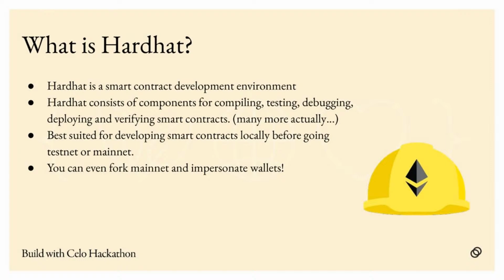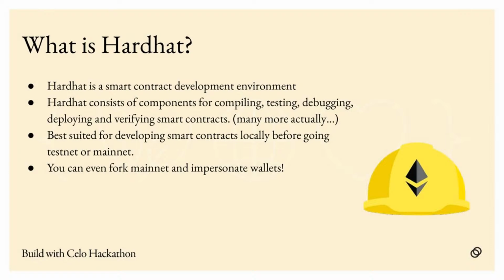Let's say you want to see that if I interact with my contract from the perspective of this wallet, are there any ways that this wallet can do something with our smart contract that it shouldn't be able to do? That's why it lets you impersonate wallets as well.